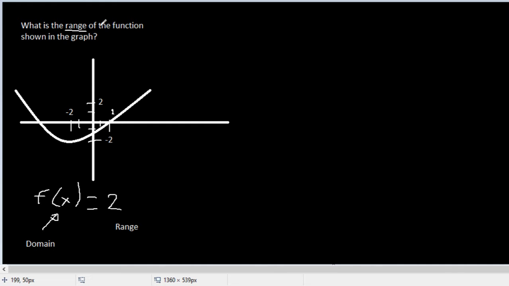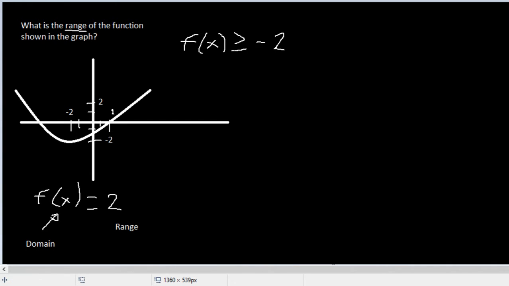And so the range of this function is that f of x is greater than or equal to -2. Which should make sense. Think about it. All the possible range values have to be greater than or equal to -2.